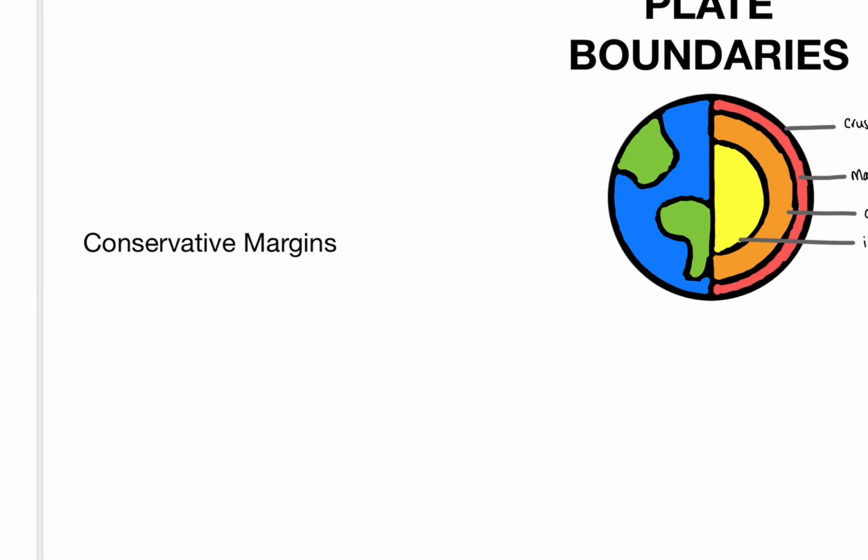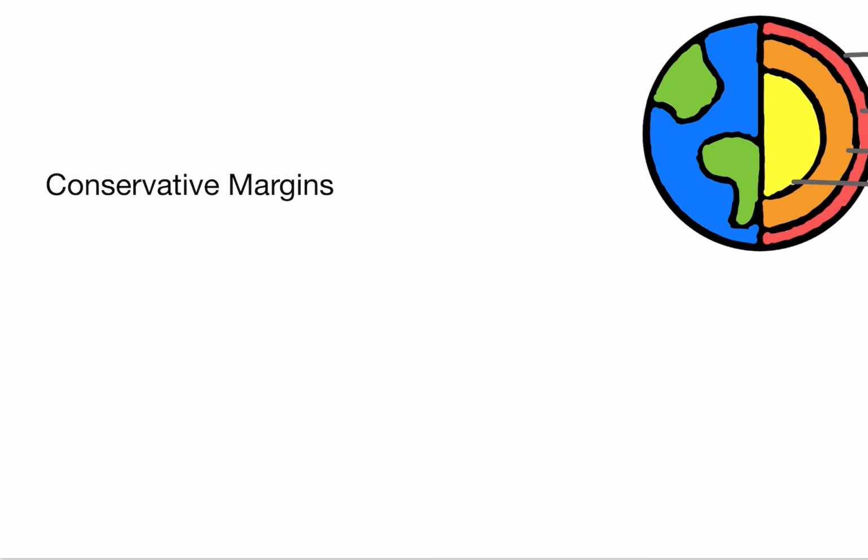So the final one to quickly recap is our conservative margins. At these margins, we have no land being created or destroyed. These are simply two plates that are trying to get past each other. We can see these margins when we have two plates going in opposite directions, or when we have two plates going in the same direction but at different speeds.